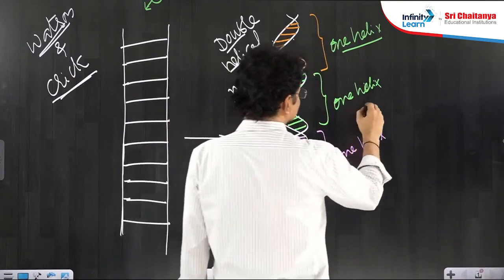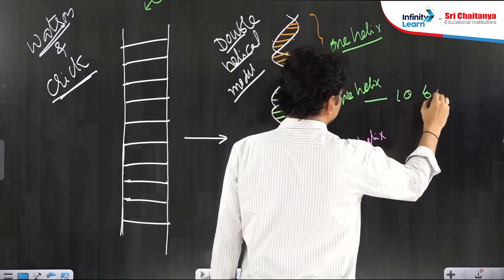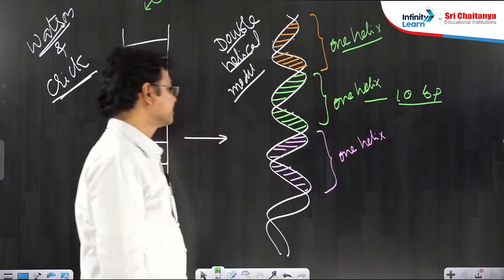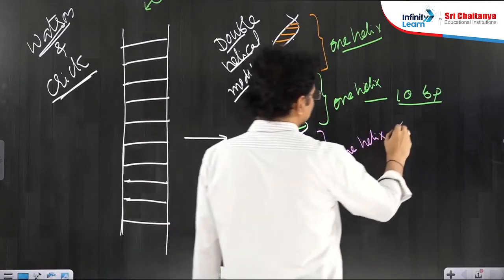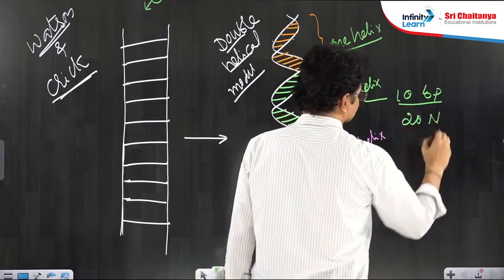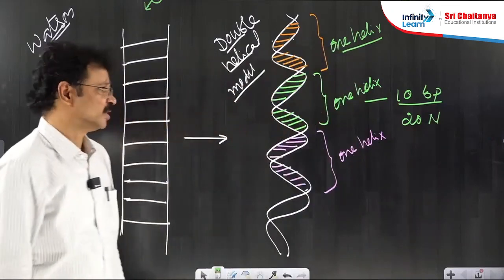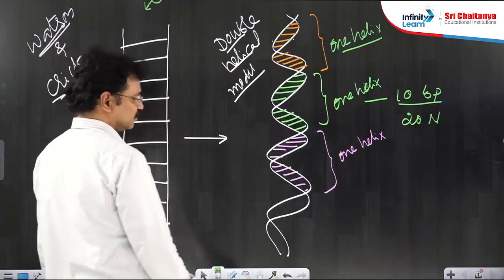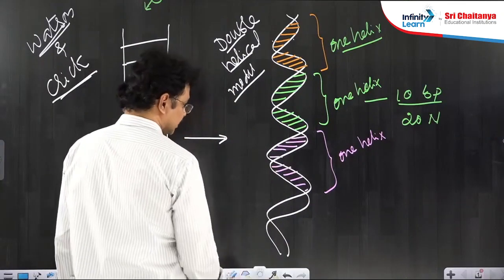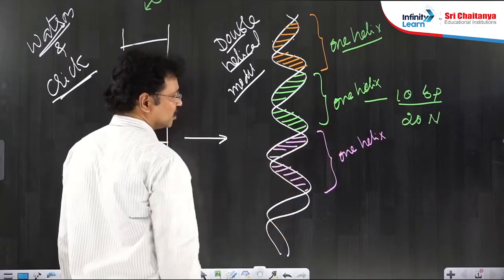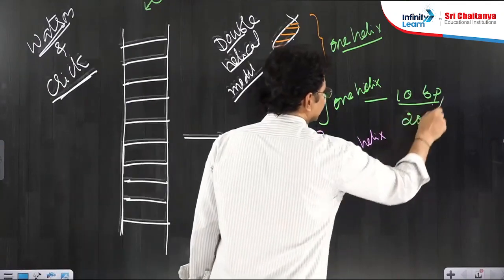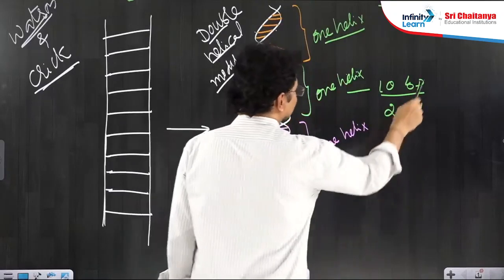In each helix, the number of base pairs is 10 BP, and the number of nucleotides is 20. 10 base pairs equal 20 nucleotides.